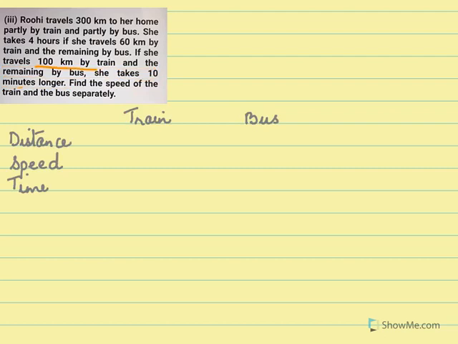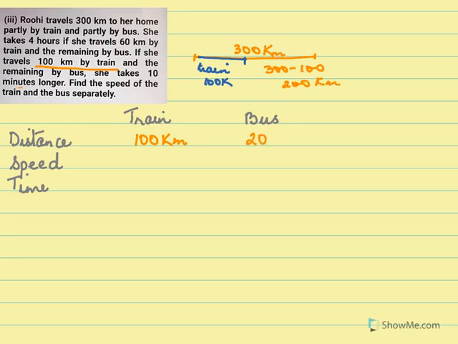So again remember, she travels a total of 300 kilometers. Now she's going 100 kilometers by train, therefore by bus would be the remaining, 300 minus 100, which is 200 kilometers by bus.